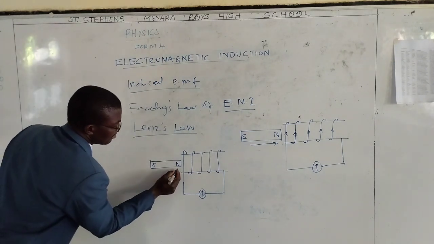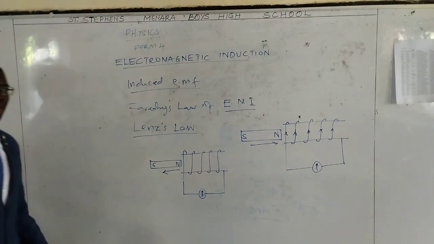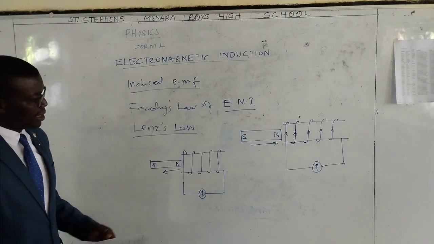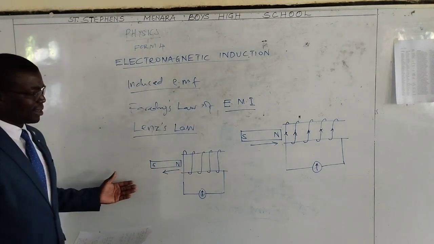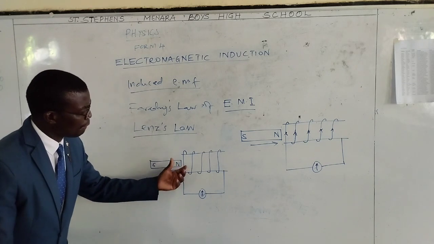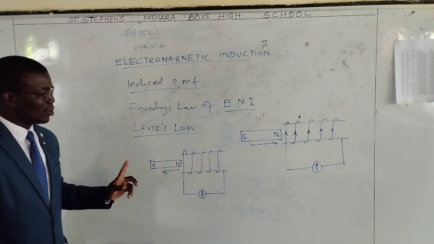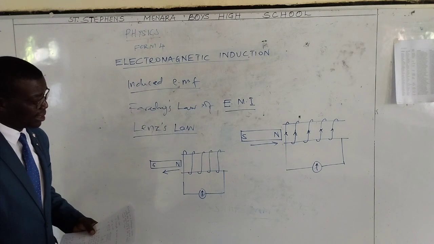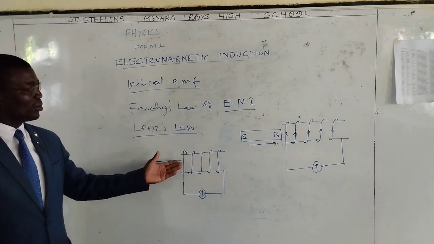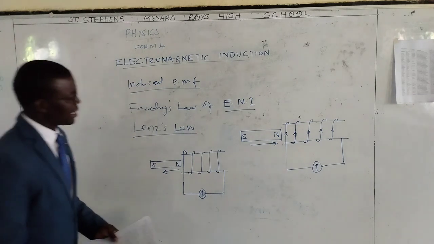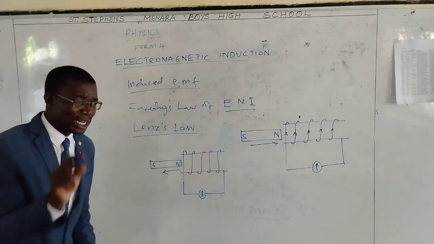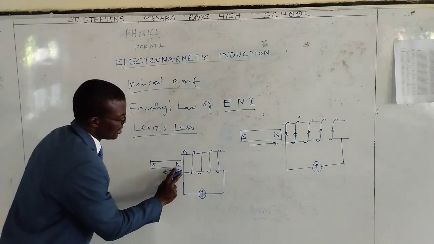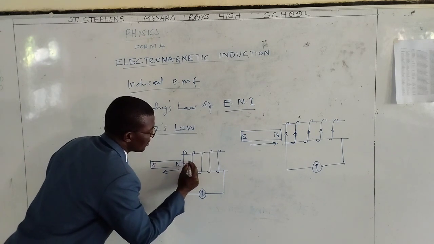Now, the magnet is being withdrawn from the coil, and as we said earlier on, as we withdraw the magnet from the coil, a south pole must be created here to oppose the outgoing north pole. And therefore, according to clock rule, current must be flowing in clockwise direction at this end, so as to create a south pole, and therefore current flows this way.